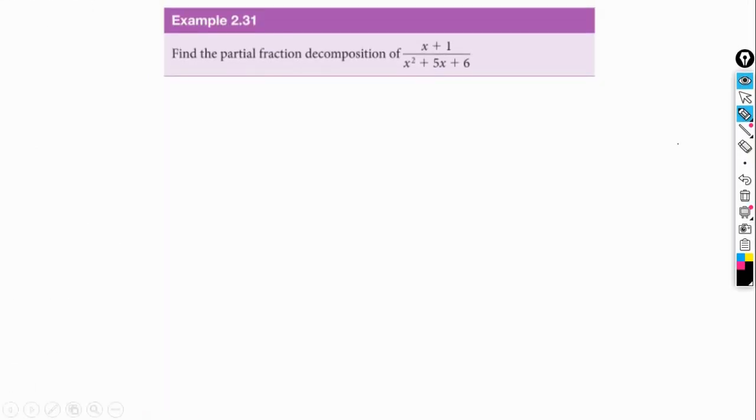Very well, so here we are in example 2.31, and it says find the partial fraction decomposition of x plus 1 over x squared plus 5x plus 6. So the first thing we have to do here is factor the denominator. So notice that this is the same as saying x plus 1 over x plus 2 times x plus 3.